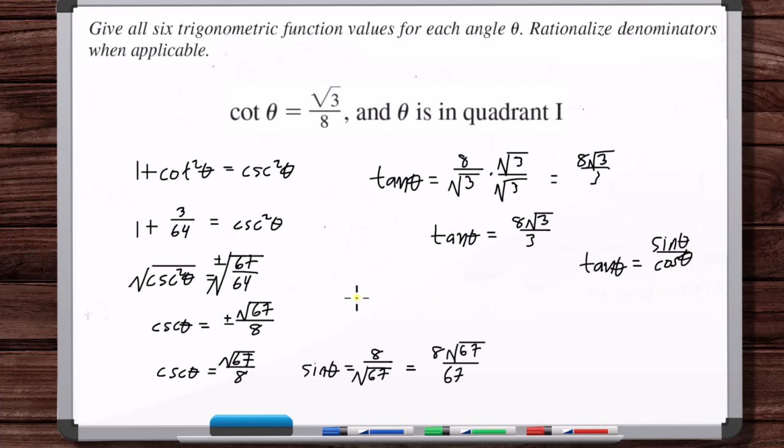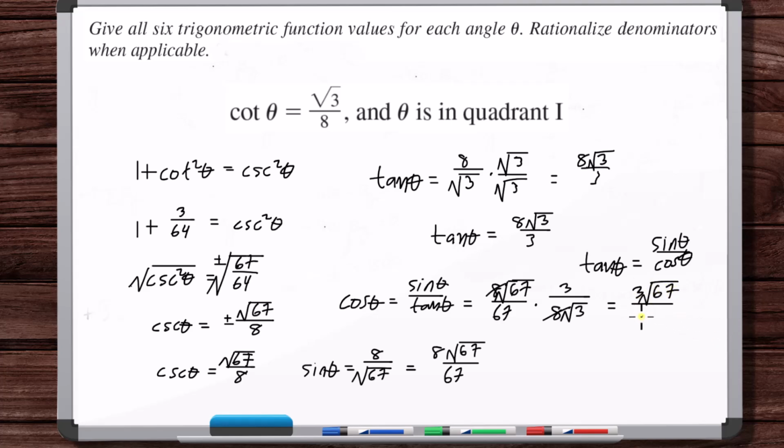So cosine theta is equal to sine theta over tangent theta. Sine theta is 8 root 67 over 67. Tangent is 8 root 3 over 3, so we're going to do 3 over 8 root 3. So 3 root 67 over 67 root 3.